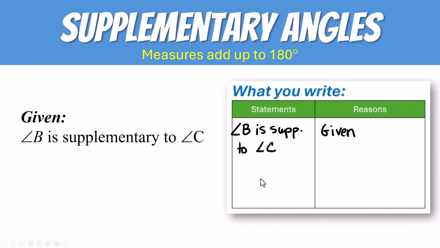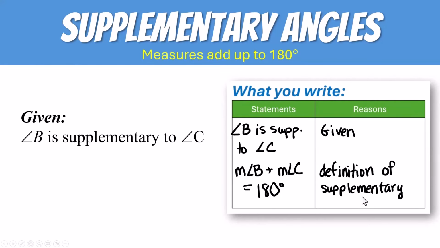And if you need a math equation in your proof, here it comes. The measure with the little m of angle B plus the measure of angle C equals 180 degrees. And we say that because of the definition of supplementary. Again, not a full proof, just a piece of the proof for dealing with the given that two angles are supplementary.